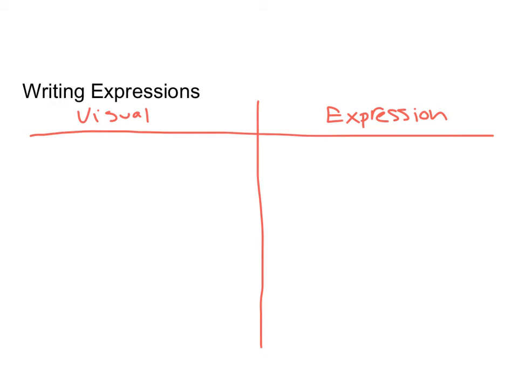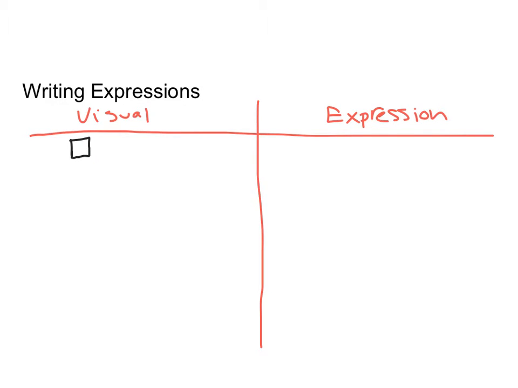All right, so we're going to do a little bit of an exercise involving writing expressions. So I want you to create this little table in your notebook where on one side we're going to draw a visual, and on the other side we're going to write an expression to represent it. So first, let's say we're just going to have a box that contains some unknown quantity.